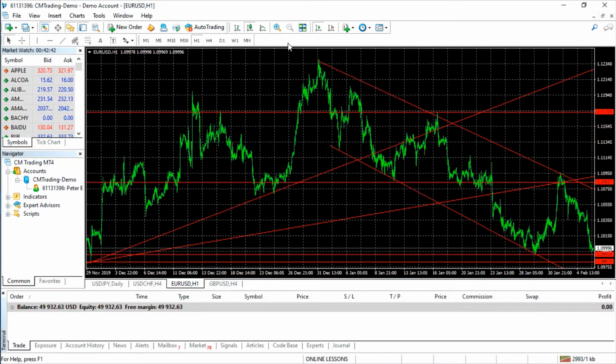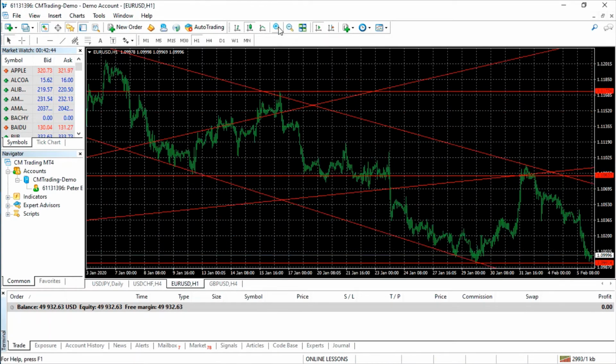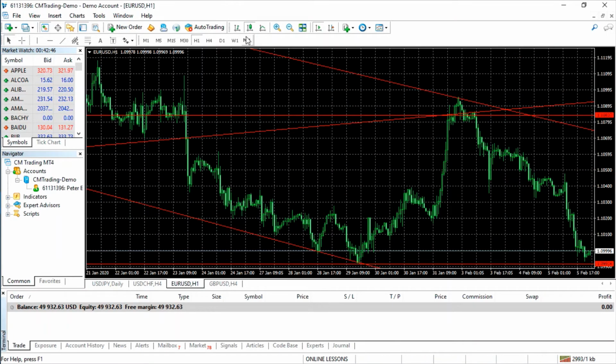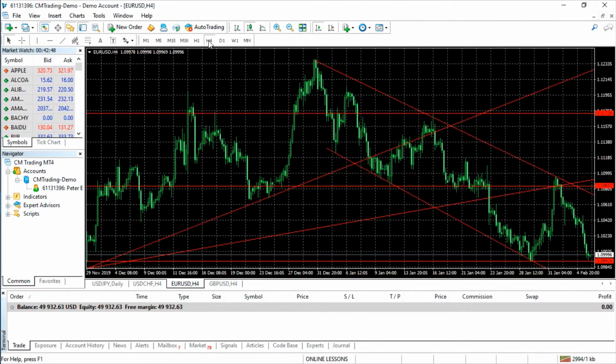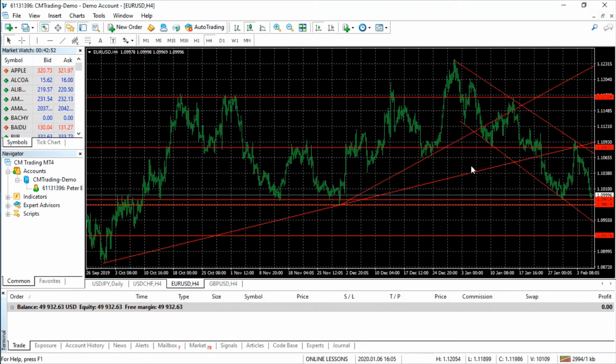So in this case, if you're going to be taking the trade for the Euro USD, there are several things that you're going to be looking at. The first thing is the market might bounce off from this zone. You see the trend, the support area. That is one.